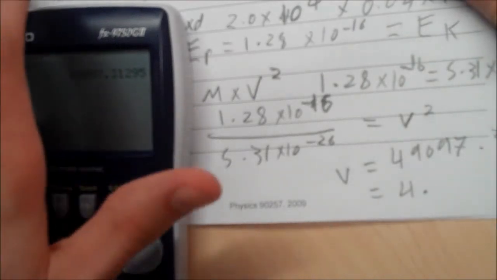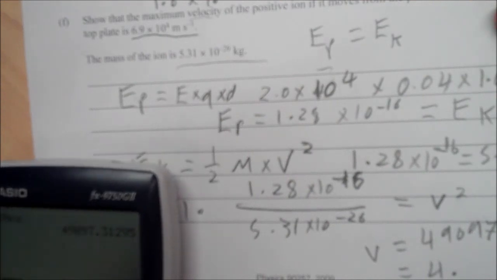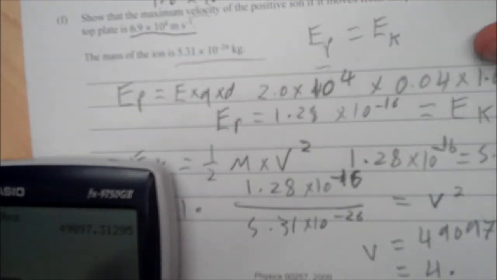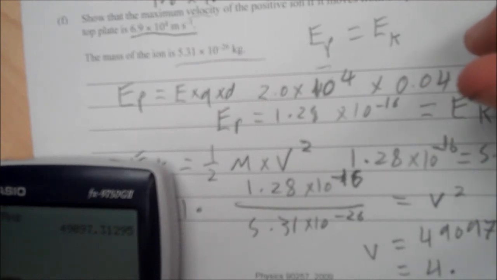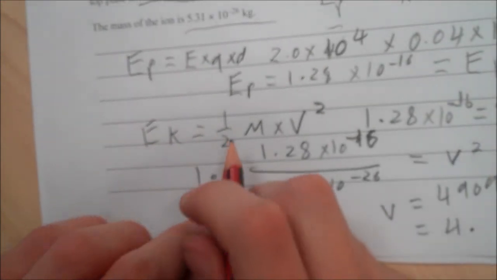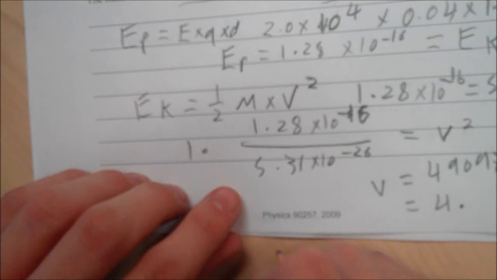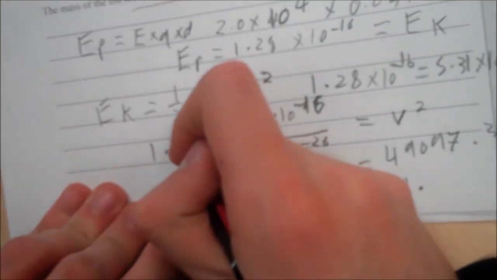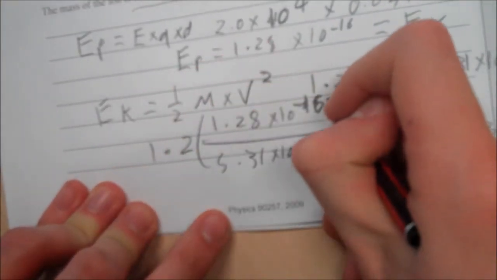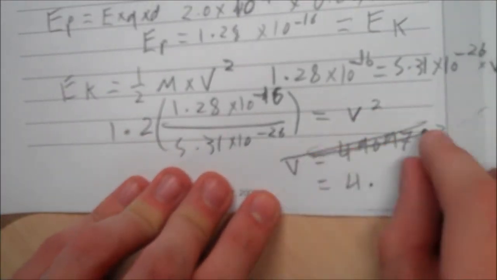Oh, I seem to have made a mistake somewhere because they give us the velocity here. Oh, right, I see what I've done. I forgot the half in half times mass times velocity squared. So this here is supposed to be 2. That makes it a bit better.